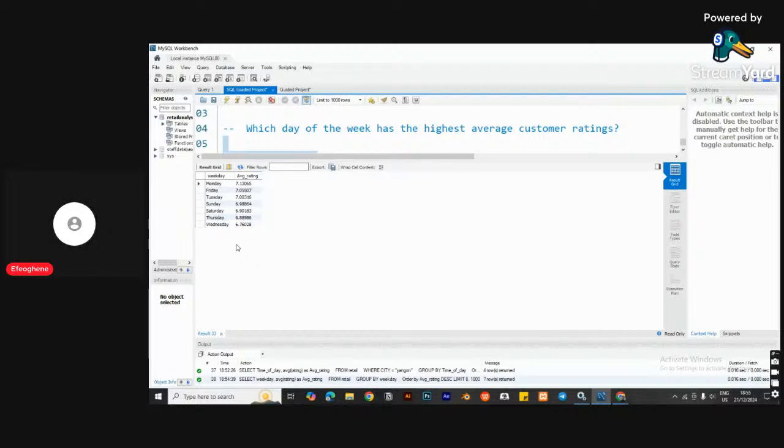So we have 7.1 on a Monday, and even at the end of the week we have 7.0. Tuesday 7.0, on a Sunday 6.9. That's a good one, depending on what you're going to gauge this against. Could it be 7 out of 10?